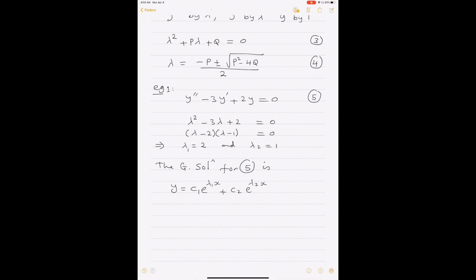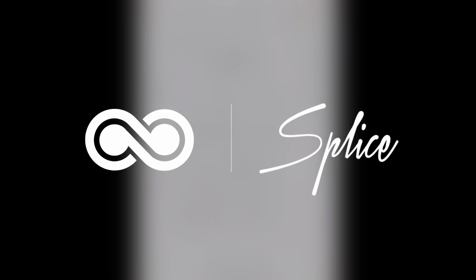If we substitute the values of lambda, we obtain y equal to c1 e to the 2x plus c2 e to the x. And this is the general solution for equation 5.